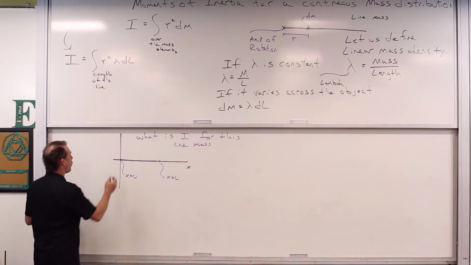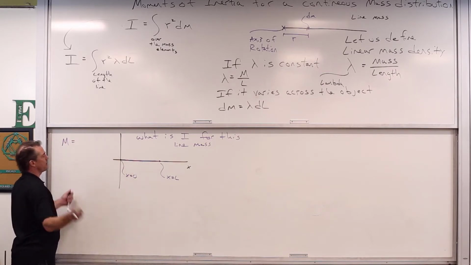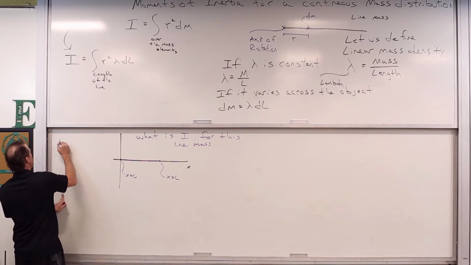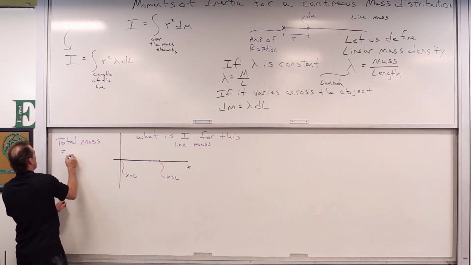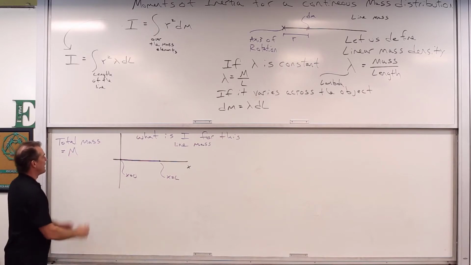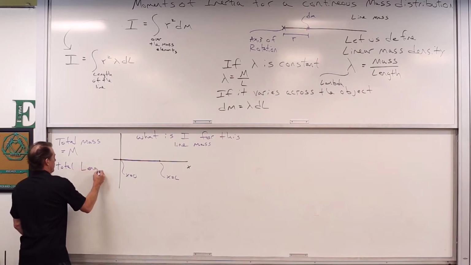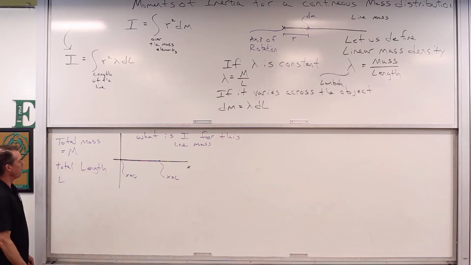Now let's say that the total mass is, we don't need to quantify it. We'll just say total mass m. Total length is L. And that's what we've got going on.